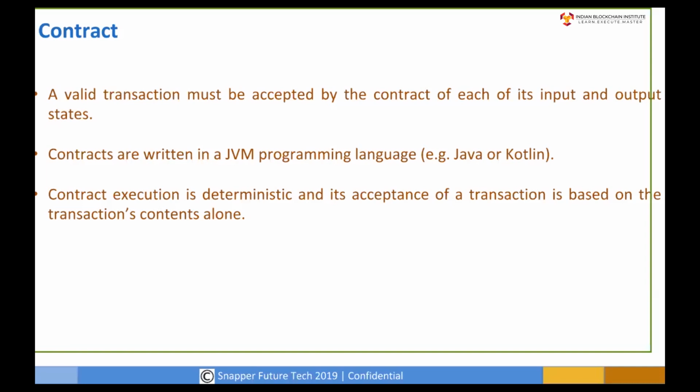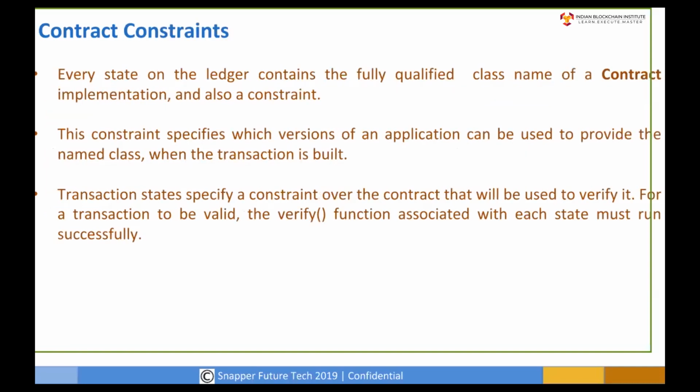So contract constraints. Every state on the ledger contains the fully qualified class name of a contract implementation and also a constraint. This constraint specifies which version of the application can be used to provide the named class when the transaction is built.